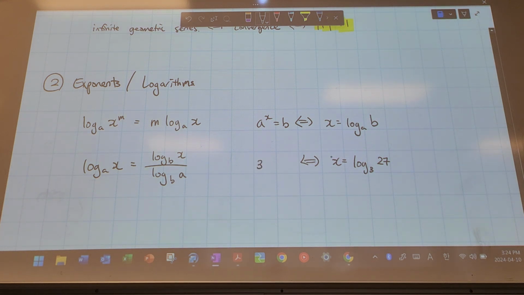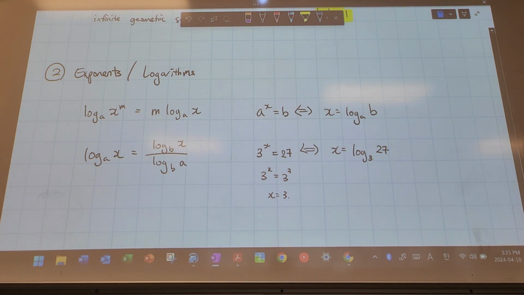Then x goes on top here, and then b goes on the right hand side, 27. Especially when you try to go from the right hand side to the left hand side, I think people quite struggle. Then we can deduce that 3 to the power of something is 27, so 3 to the power of x is 3 to the power of 3. So we conclude that x is equal to 3.